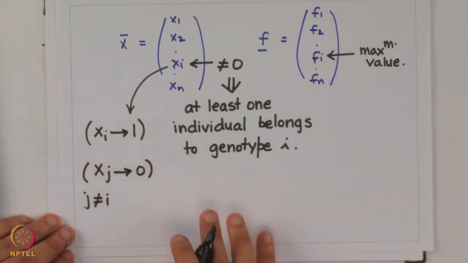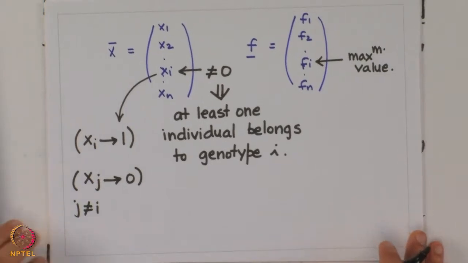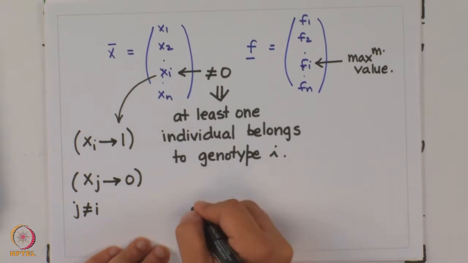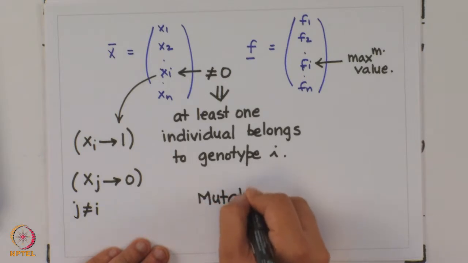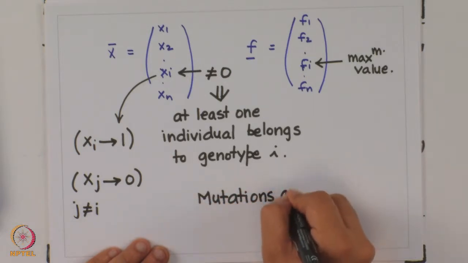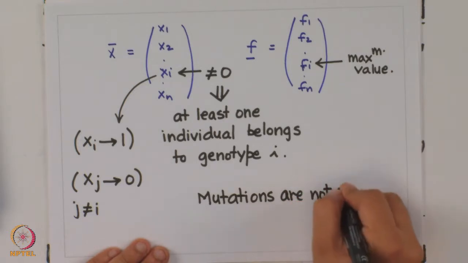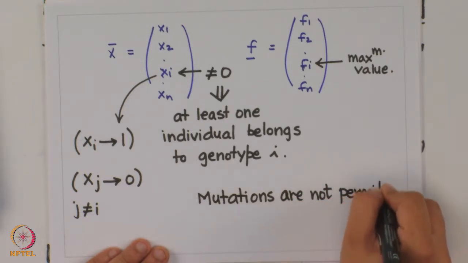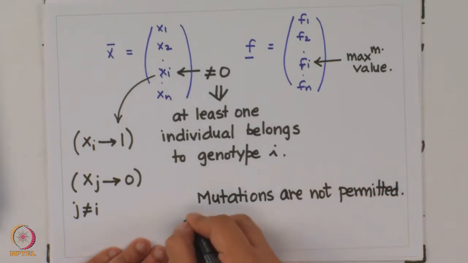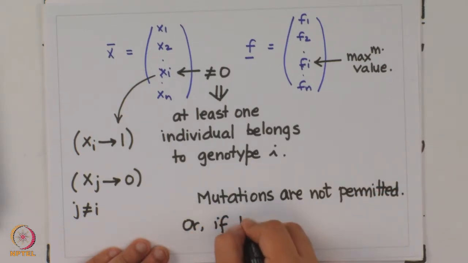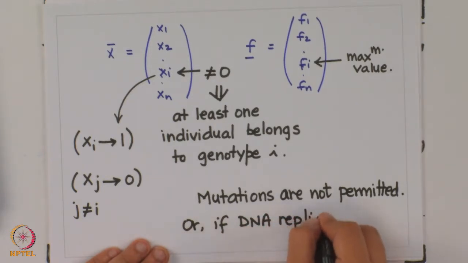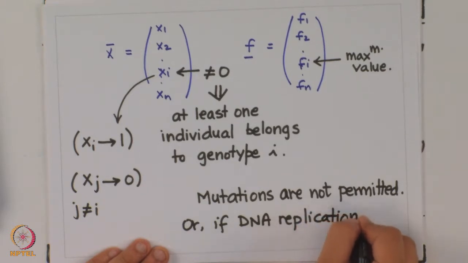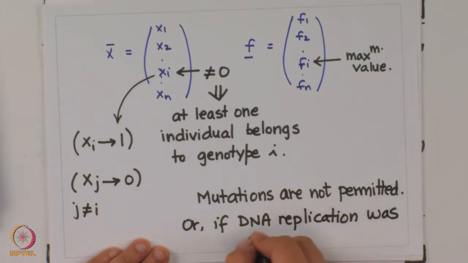So, this is going to be the outcome of the evolutionary dynamics of these n genotypes if mutations are not permitted, or another way to say the same thing is if DNA replication was error free.